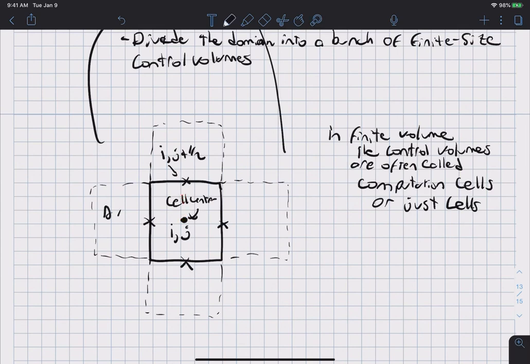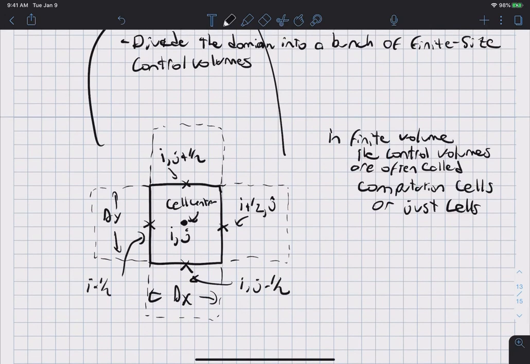The height here would be delta y, and the width would be delta x. The point here would be i+1/2, j. The point here would be i, j-1/2, and the point here on the edge would be i-1/2, j. And all these edges here are called cell faces.